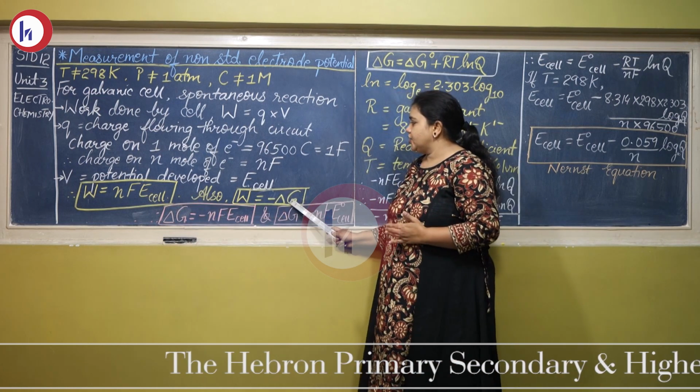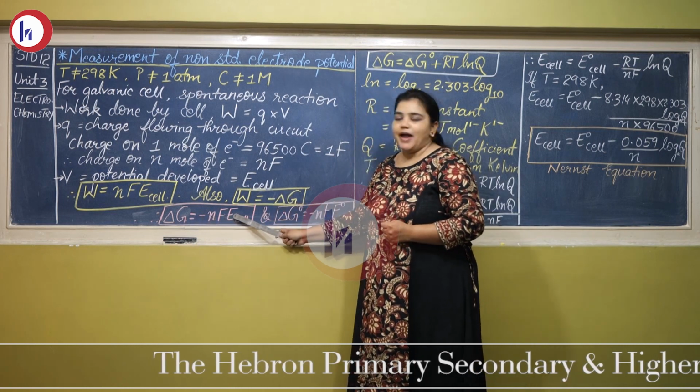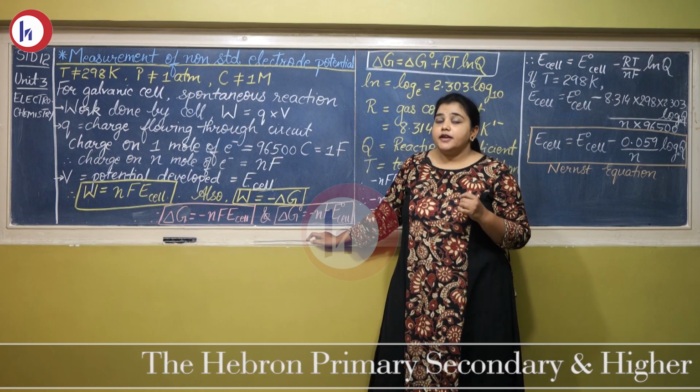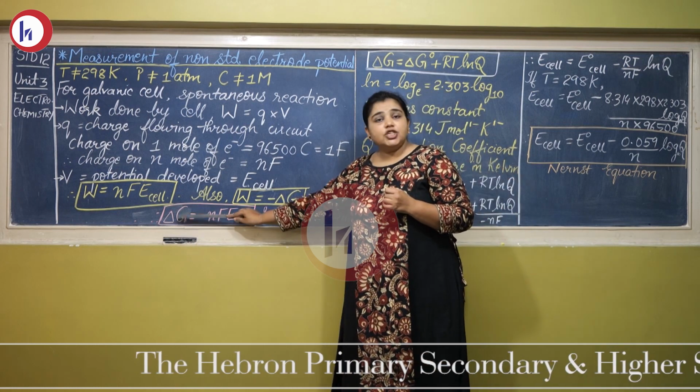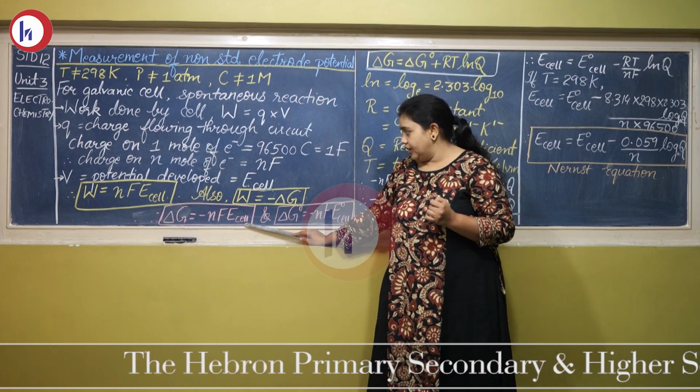Substituting these two equations, we get delta G equals minus nF E cell, which represents the relation between change in Gibbs free energy and the cell potential.